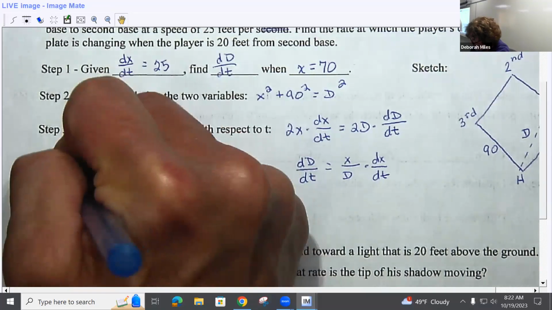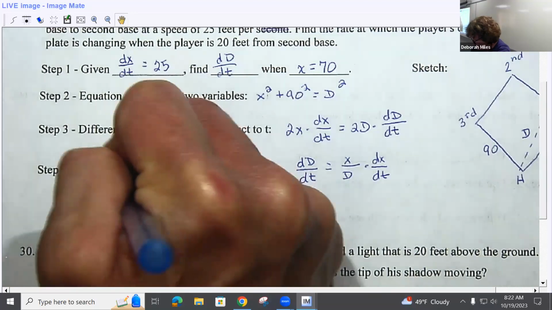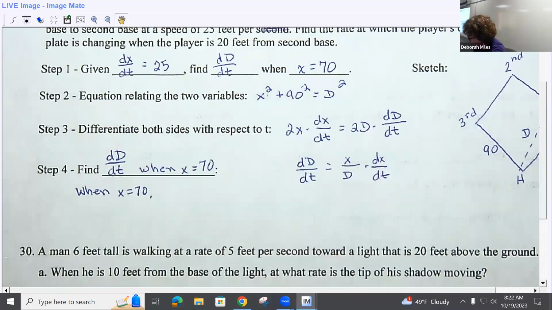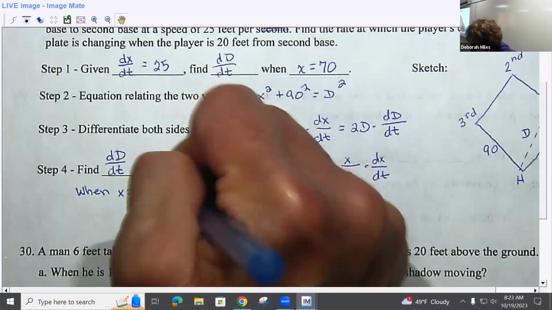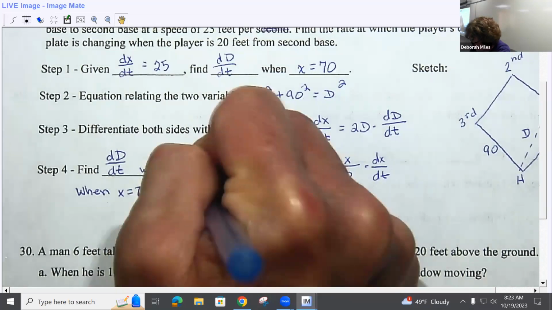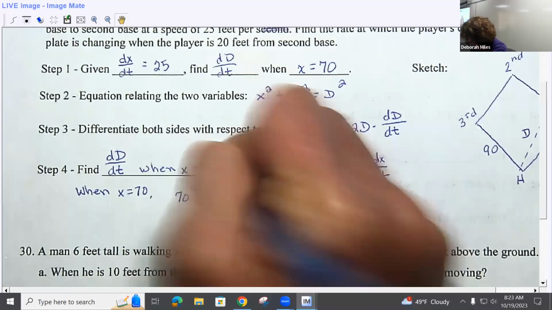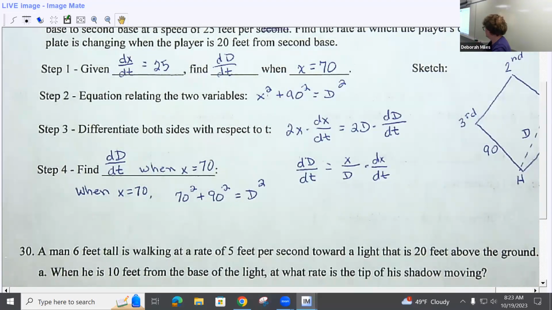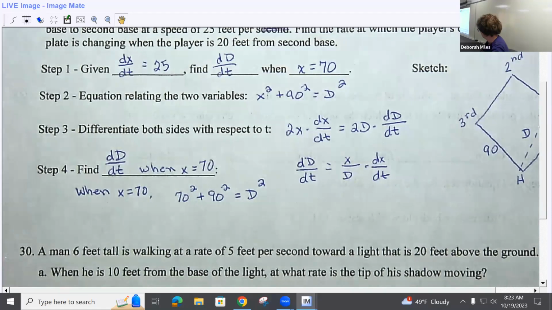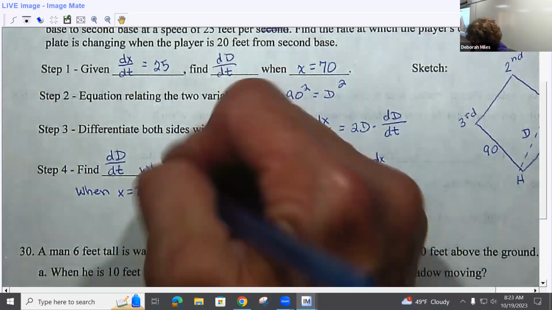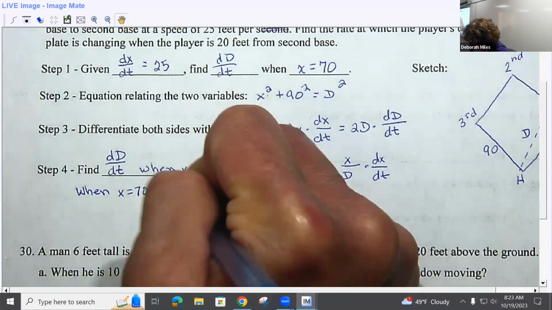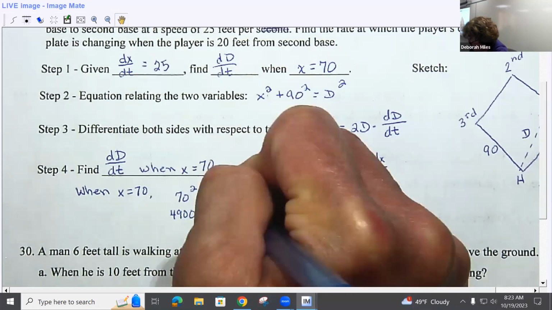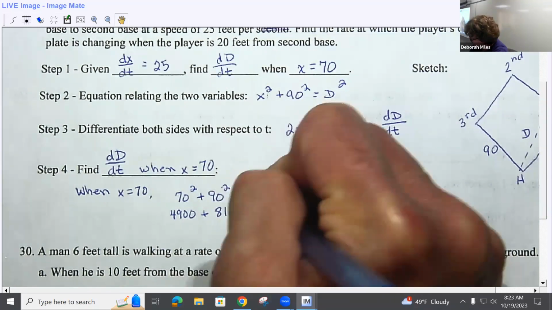When x is 70, then 70 squared plus 90 squared equals d squared. And that's 4,900 plus 8,100 equals d squared.